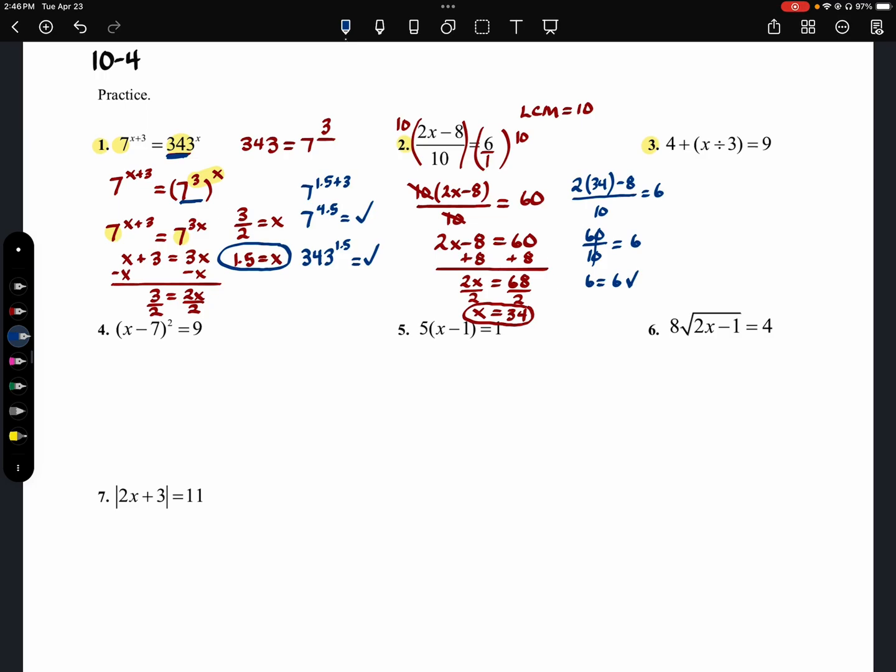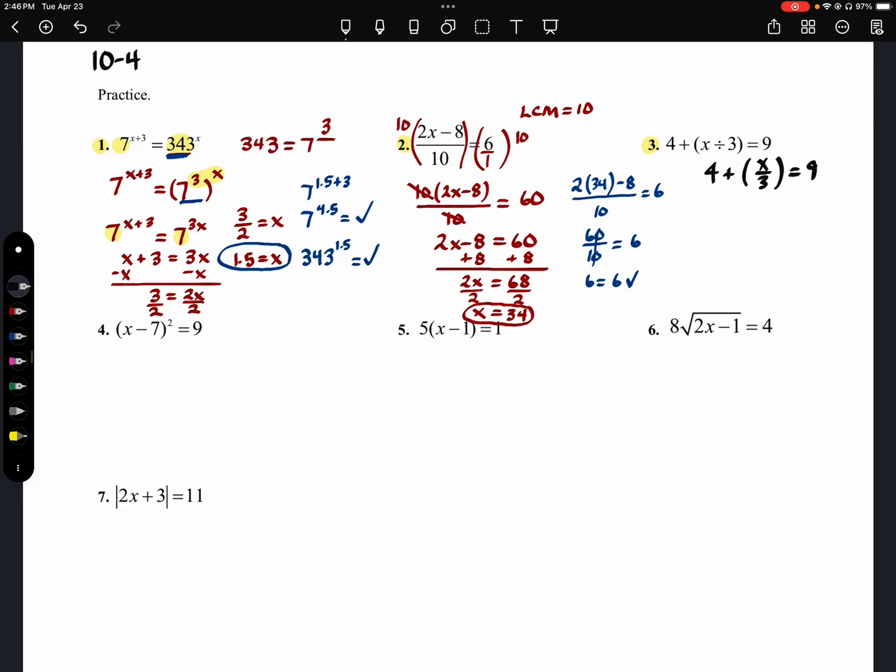All right, let's go ahead and look at number 3. Number 3 says 4 plus the quantity x divided by 3 equals 9. It's not very often that we see an actual division sign like that. Usually don't we see a fraction? So let's rewrite it so that we can look at it that way. I'm not really using the rewriting method, I'm just making this look more familiar.